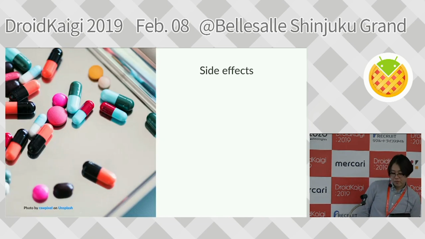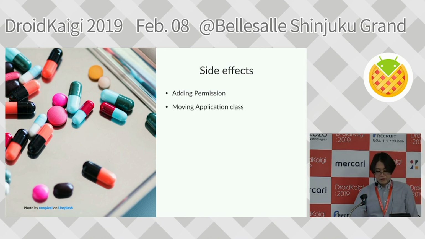Next, it's a kind of off topic, but I introduce some side effects in Android development. If you add a new dangerous permission to the Android manifest, auto update will be disabled. So check if it's really necessary. And the second is an actual failure I made, the biggest failure.